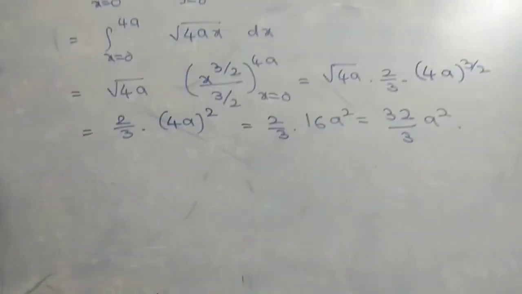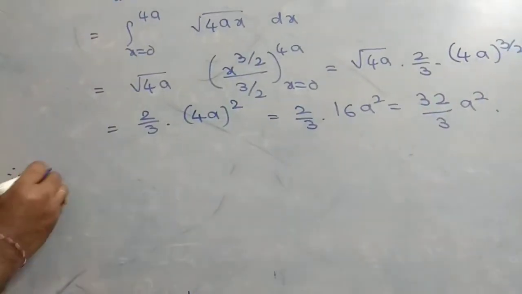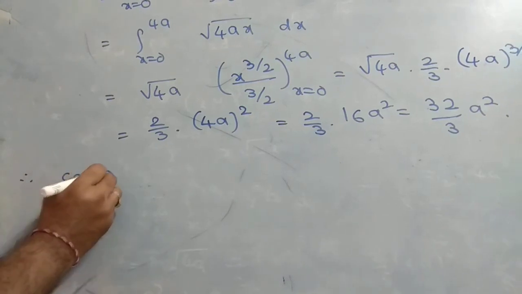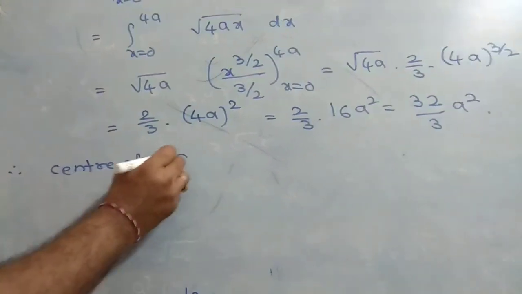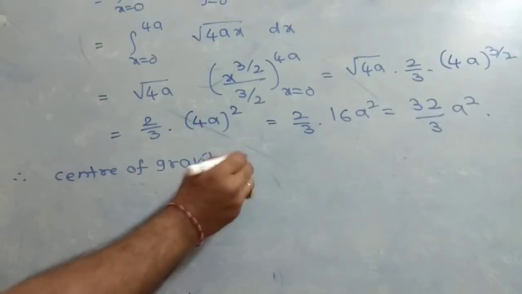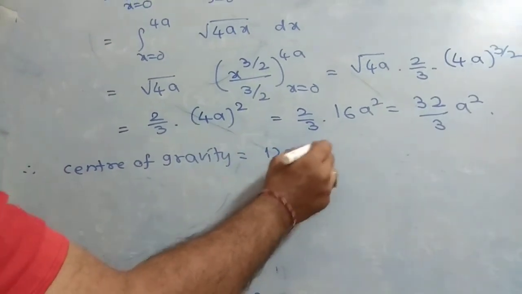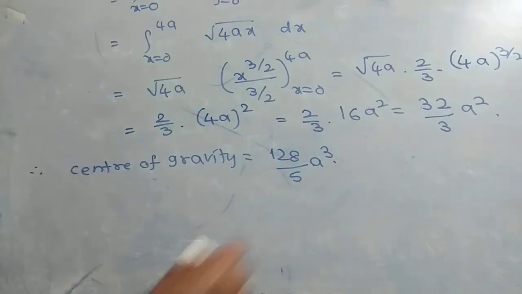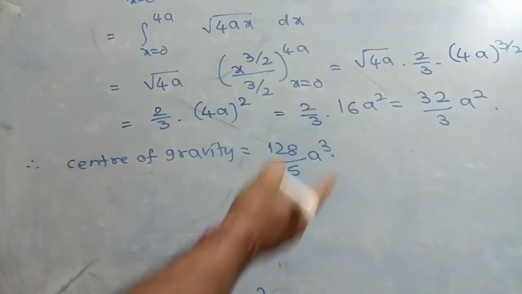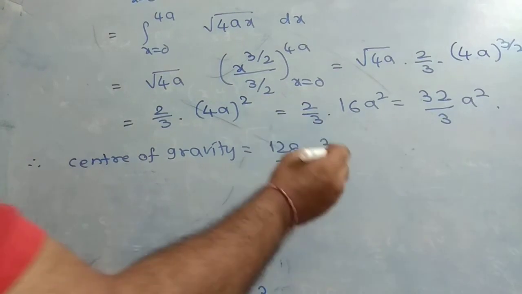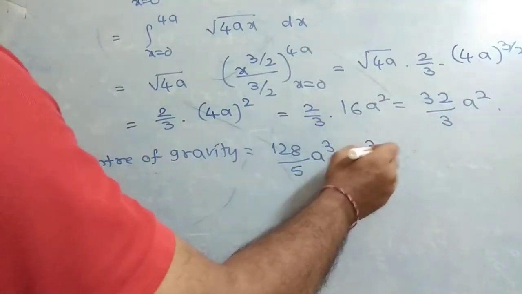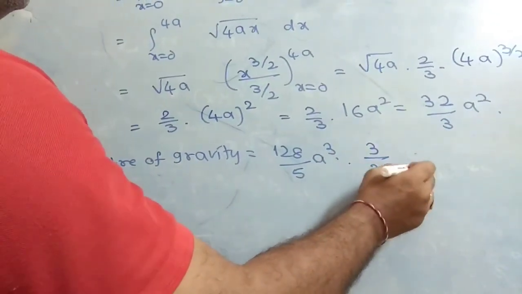So therefore now you are calculating the center of gravity. I just write center of gravity. So the numerator value we have calculated as 128 by 5 into a cube. Totally divided by 32 by 3 into a square. So that I am writing in the reverse order. It is 3 divided by 32 into a square.